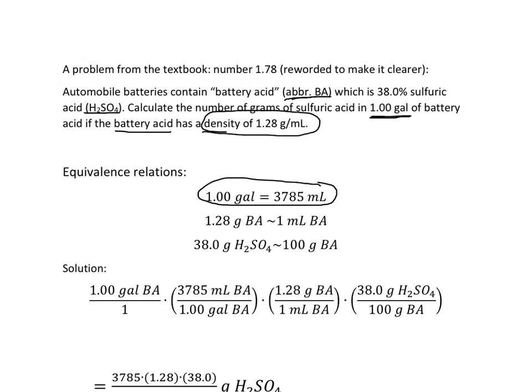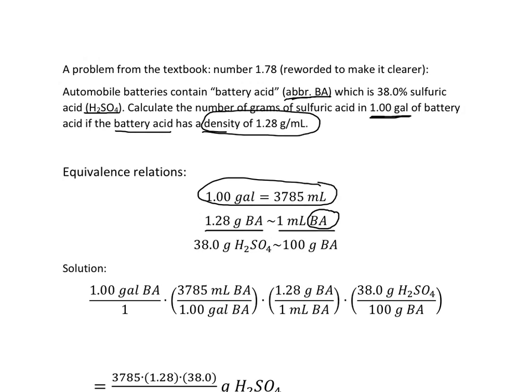So then I write this: 1.28 grams of battery acid is equivalent to 1 milliliter of battery acid. And here it's very important that I include battery acid as part of the label.